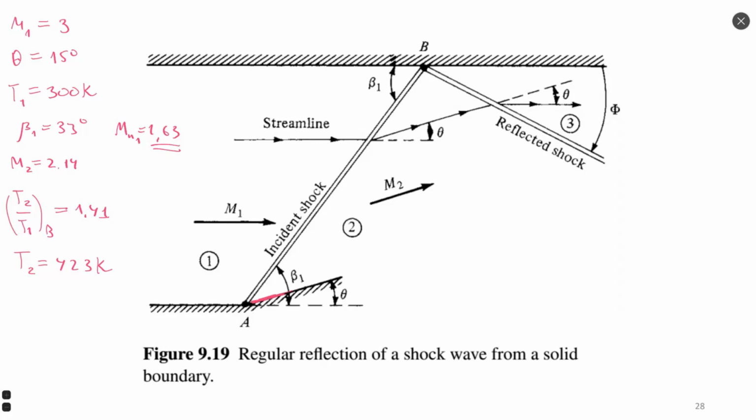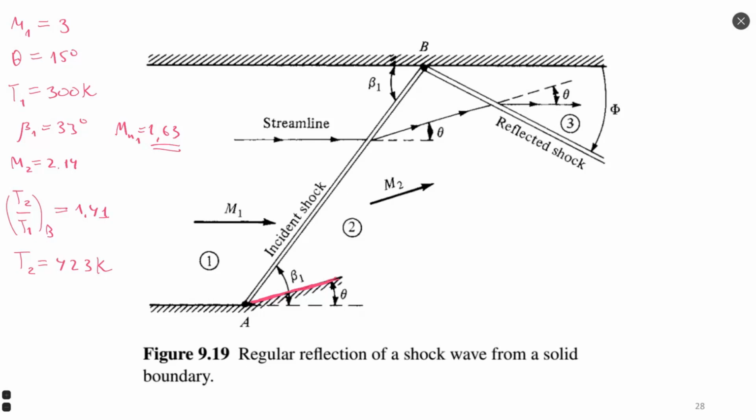So all this surface here, which I mark, suffers these temperatures. So it must sustain at least 423 Kelvin, at least because we do not consider the boundary layer. In the boundary layer, we have a higher temperature because velocity stops at the boundary layer. But in the case of this example, we do not consider the presence of the boundary layer, just for simplicity.